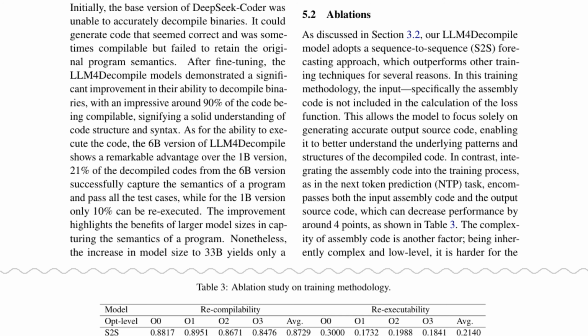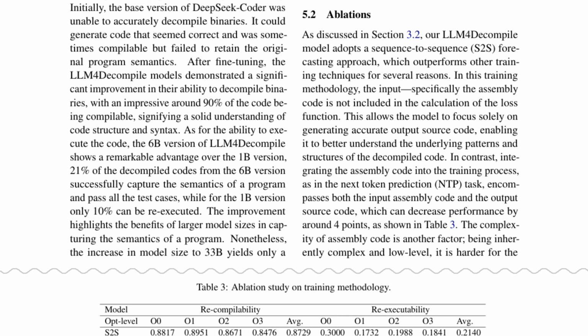This allows the model to focus solely on generating accurate output source code, enabling it to better understand the underlying patterns and structures of the decompiled code. In contrast, integrating the assembly code into the training process, as in the next token prediction tasks, encompasses both the input assembly code and the output source code, which can decrease performance by around 4 points, as shown in Table 3.